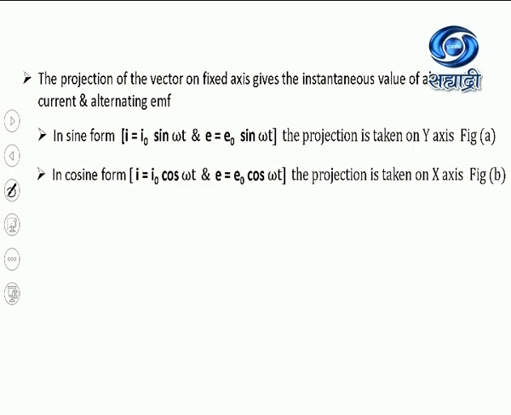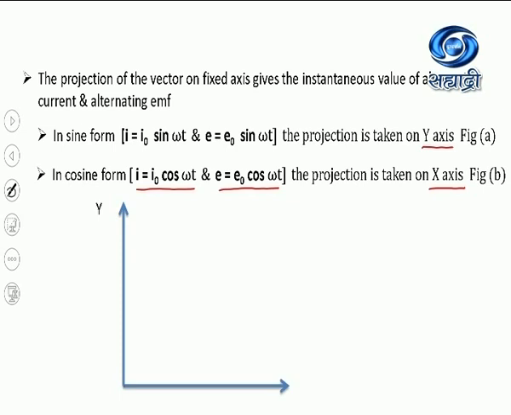And in cosine form, the projection is taken on the x-axis. So if in cosine form the equation for the current is I is equal to I naught cos omega t, or for the EMF is E is equal to E naught cos omega t, then the projection is taken along the x-axis. And for sine form, the projection is taken along the y-axis.